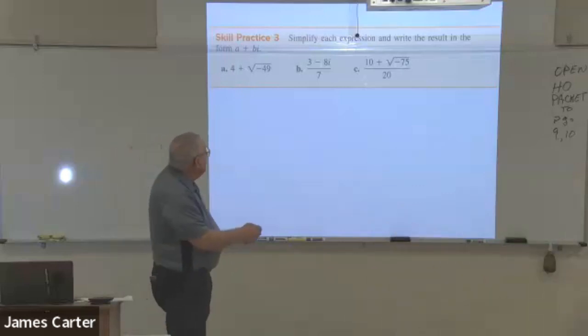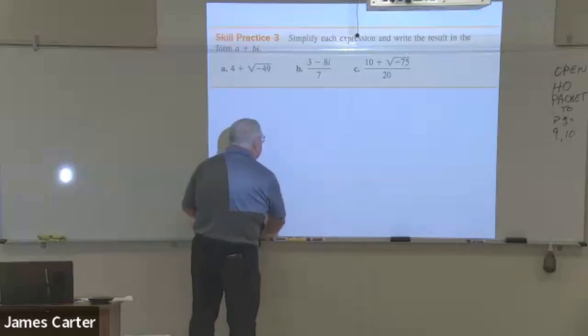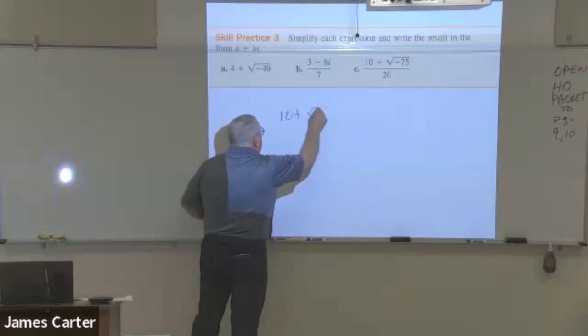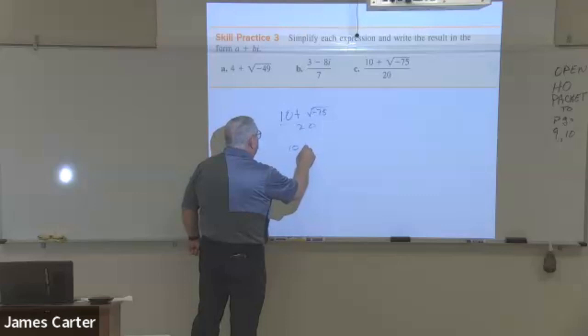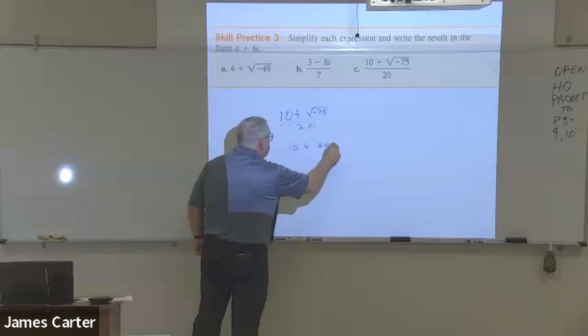This one, again, we'd have to break the 20 out underneath it, and deal with the 75. So 10 plus radical negative 75 over 20. We've got 10 plus, okay, 75 breaks down into 25 times 3.